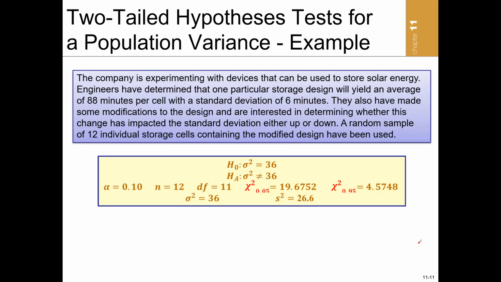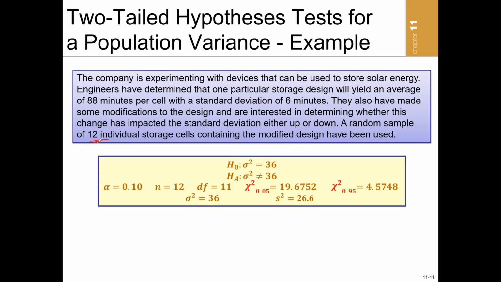They have also made some modification to the design and are interested in determining whether this change has impacted the standard deviation either up or down. Either up or down simply means it's two-tailed. A random sample of 12 individual storage cells, so here the sample size is 12, containing the modified design have been used. So we are going to test the hypothesis together, all right?